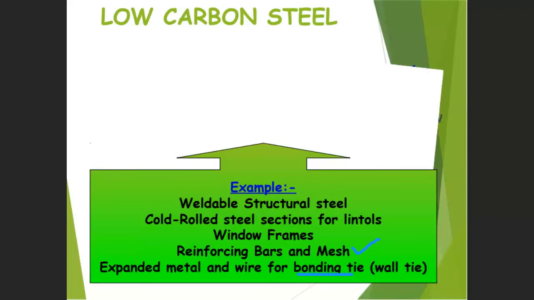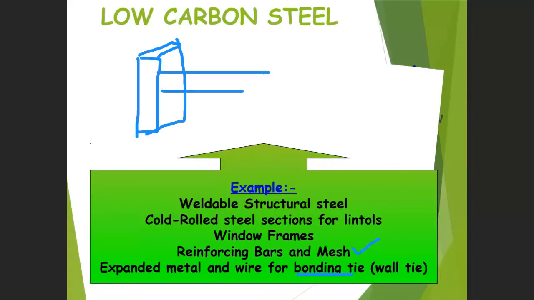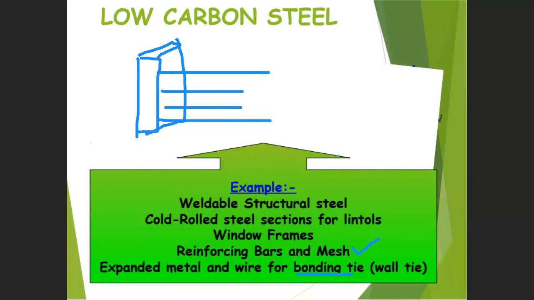For example, you can look at the last one. This is your column, and then there are bricks used for the wall. This is the brick on the right hand side. In order to join the wall, you need to install the bonding ties.